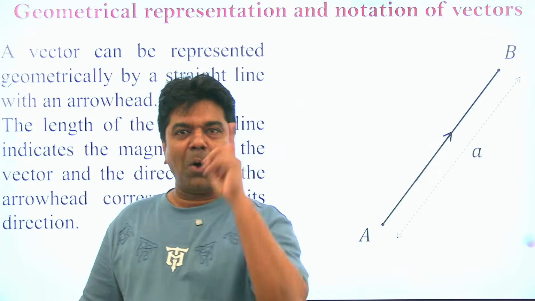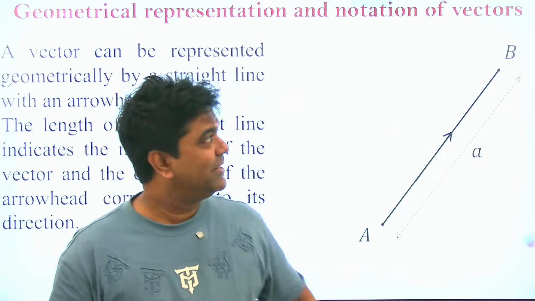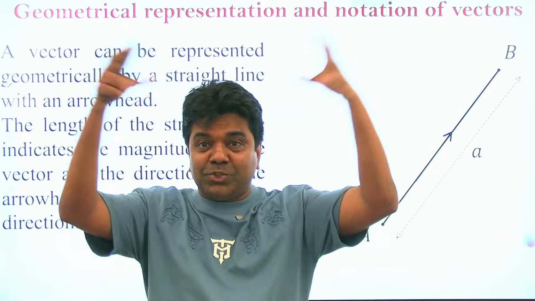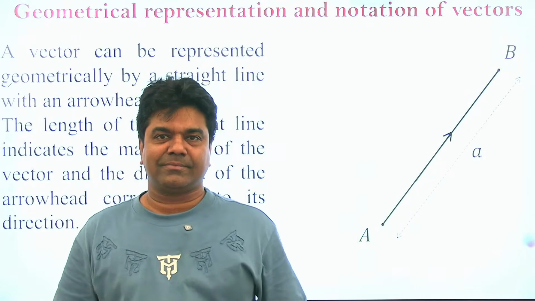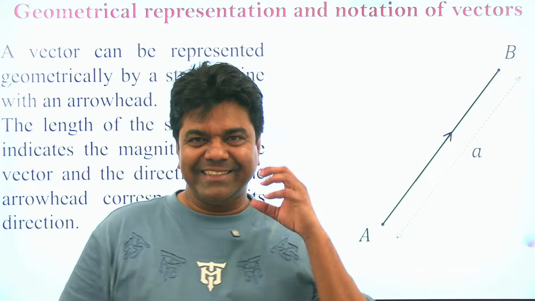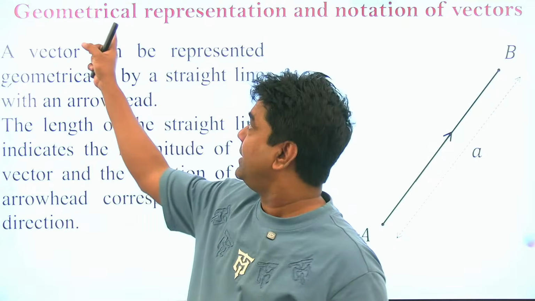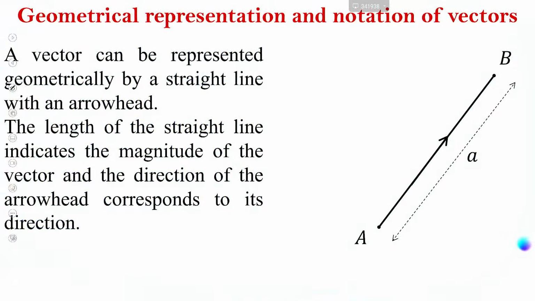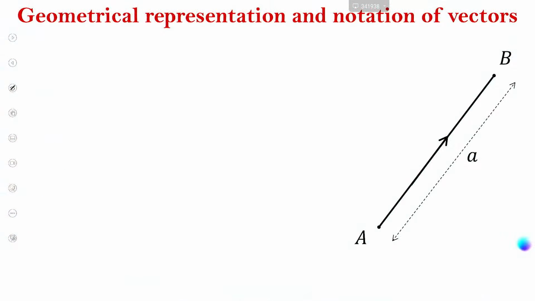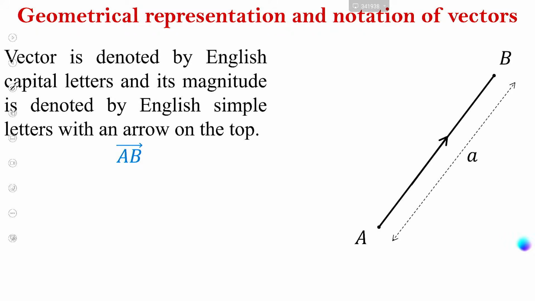Anyway, that is a geometrical representation. Here we are showing the appearance, a straight line with an arrowhead. Notation is like AB. Say notation AB.